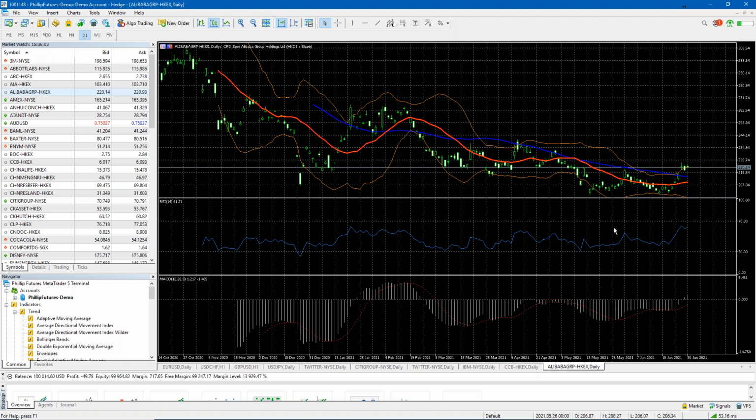So technically, we can see that Alibaba, this is a daily chart. Okay. Blue one is the 50-day moving average. Red one is the 20-day moving average. Not bad, I can say. Let me draw a line.